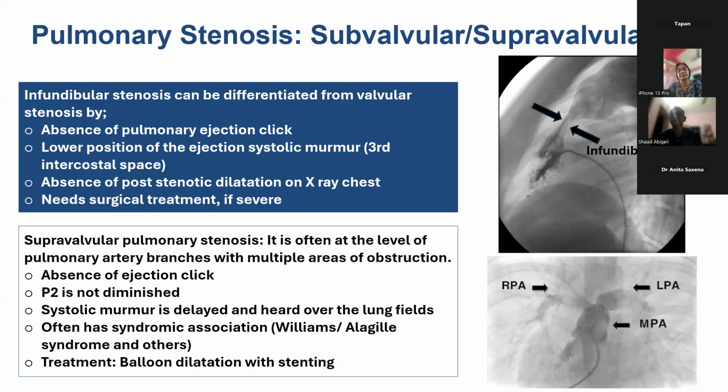Yes. And one of the questions in the chat box is, ma'am, how is pulmonary blood flow maintained when there is severe pulmonary stenosis? I think this is related to cardiac output. How is it maintained? Right. So, and this is true for any obstruction, whether aortic or pulmonary, as long as your ventricle is able to manage by increasing its pressure, by increasing hypertrophy of its muscles, the cardiac output is going to be maintained.